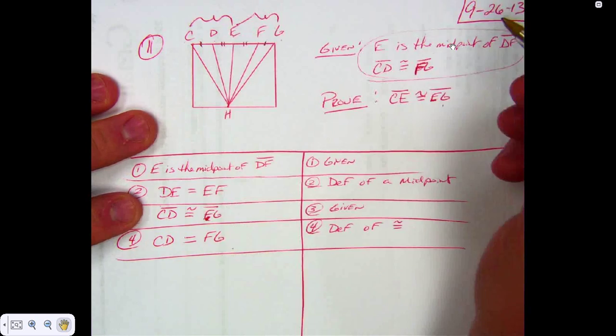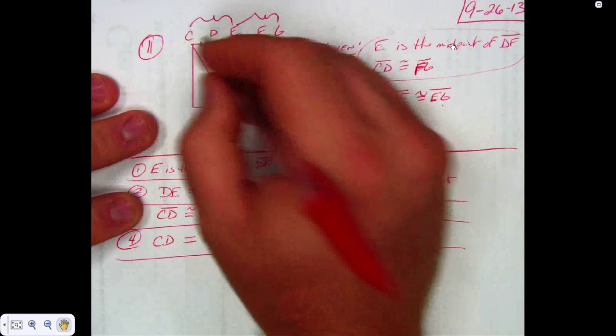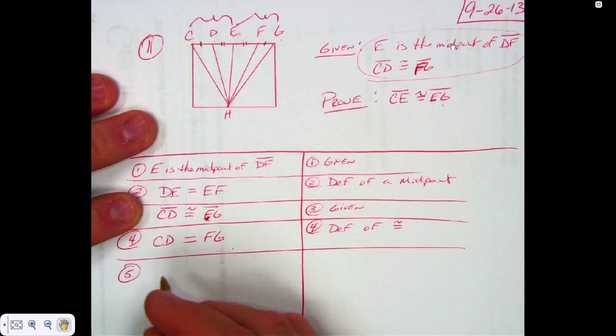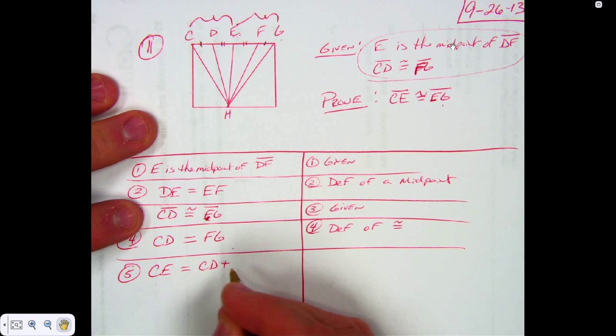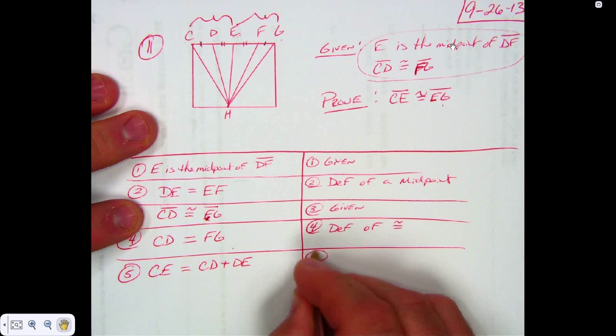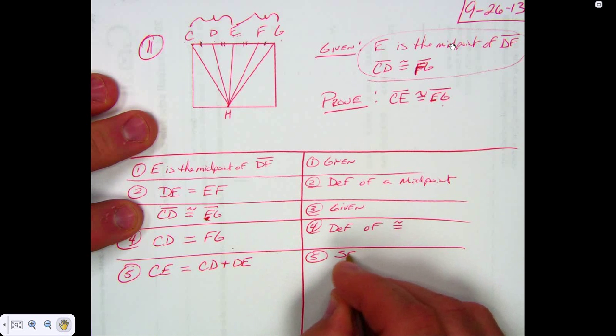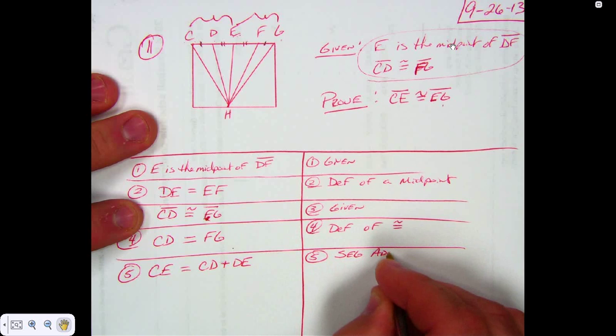What about CE? What do we know CE is? CD plus DE would equal CE. Why do I know that? The segment addition postulate.